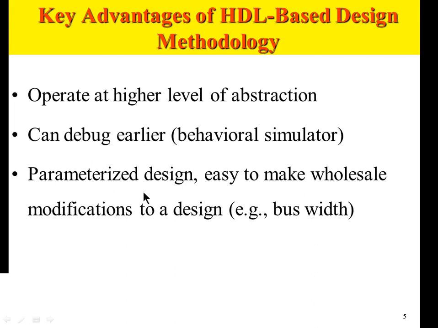We have special methods for doing HDL design, something like parameterized design, which makes it easy to make wholesale or wide level modifications to the design. For example, we can declare a parameter. A parameter is like a constant called bus width, declared once, let's say 8 bits.